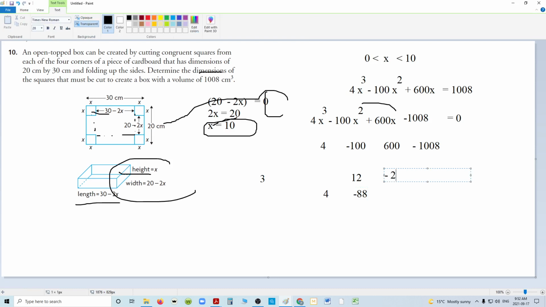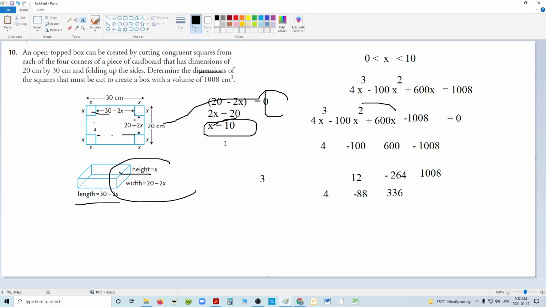Four, 264, I think. So you got 316. I think this is really close, so I want to make sure I got my subtraction right, and I didn't. And when I multiply that by 3, I indeed get 108, which means one of my possible dimensions is 3, which is great.